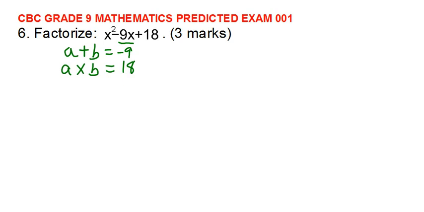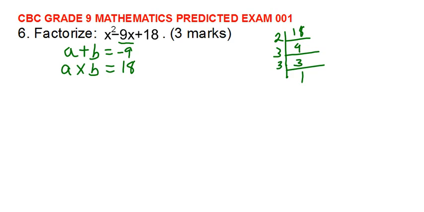Now, we can get the factors of 18. The factors are 2 times 3 times 3.